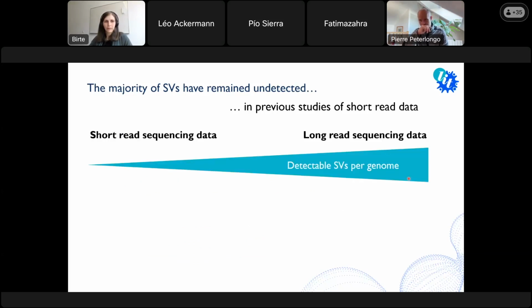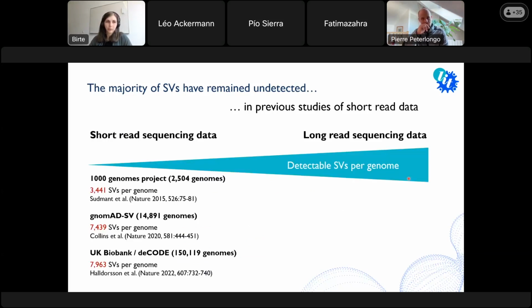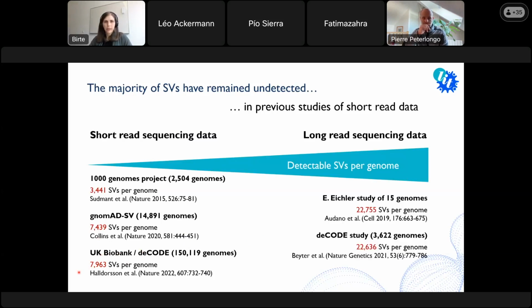So when using short read data, the 1000 Genomes Project only discovered about 3,400 SVs per genome, and gnomAD-SV and also the recent UK Biobank data analysis by deCODE found less than 8,000 SVs per genome. When you go to long read sequencing data, then you find more than 22,000 structure variants per genome.